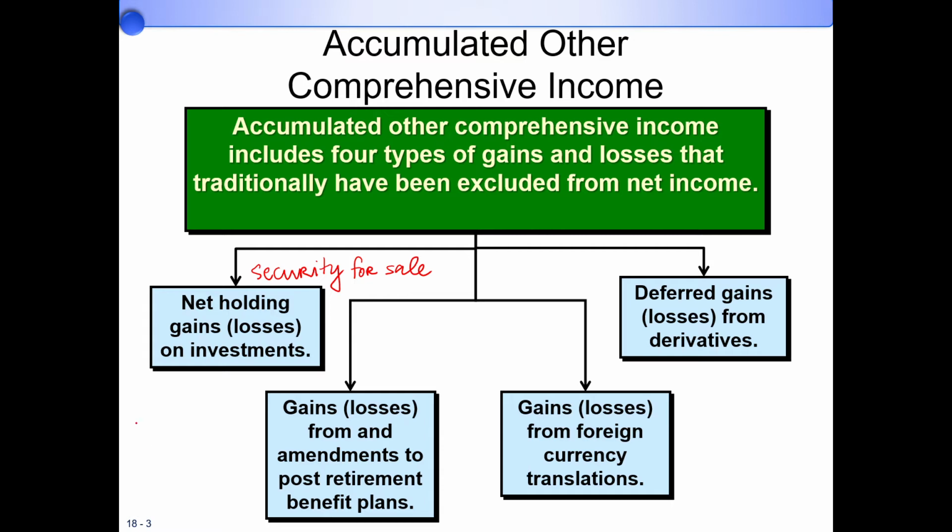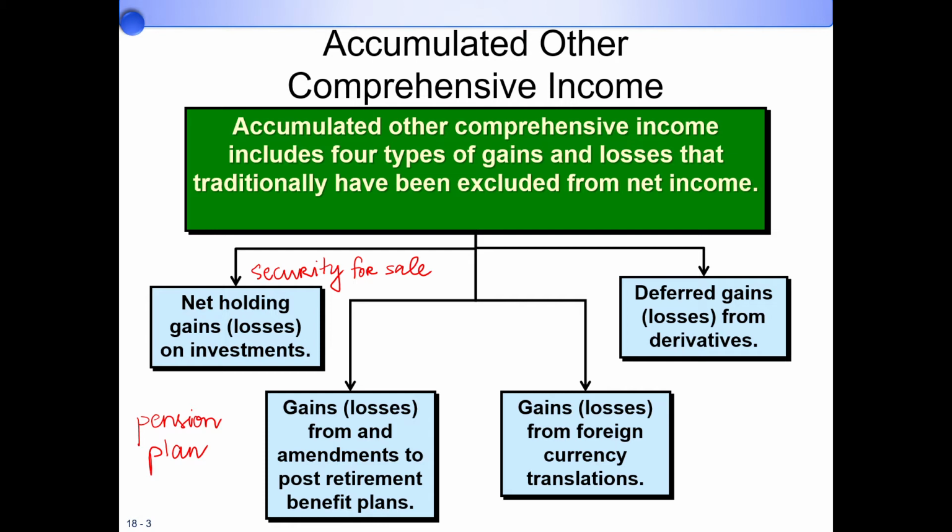We set money aside so the portfolio grows, and then you take care of your retired employees. The company also has an obligation to take care of retired employees. By year end, you have potential gains or losses from that pension portfolio. Those are also unrealized gains or losses, so we want to separate them and treat them as other comprehensive income.